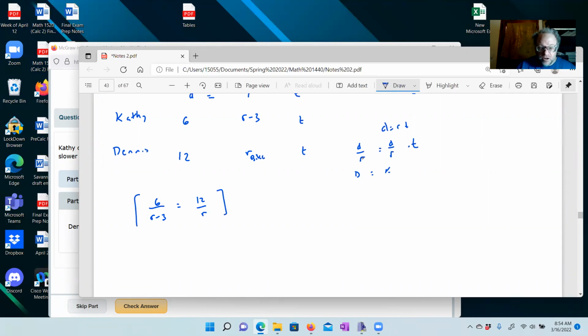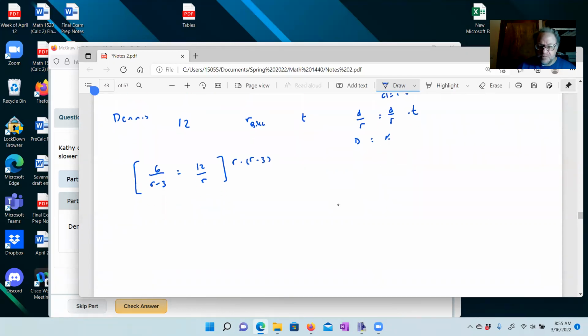Again, you can cross multiply. I'm just going to continue with this theme of multiplying through by a common denominator to clear the fractions, because that's what we did in the previous section. The R minus 3's cancel, so we have 6R is equal to 12 times R minus 3. The R's cancel, and we have R minus 3.